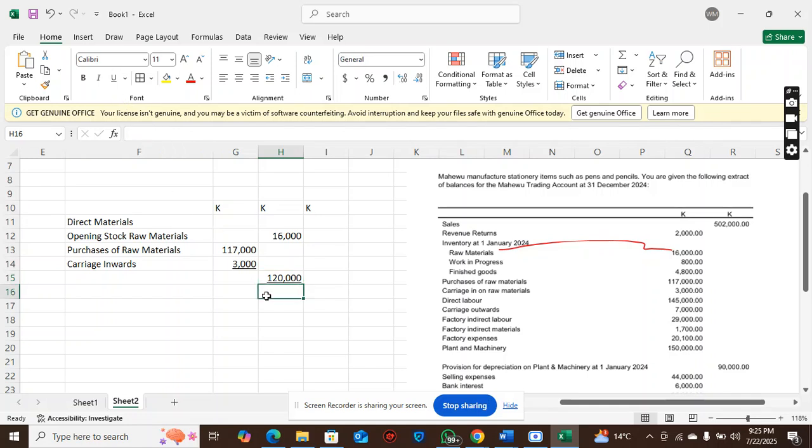Yes. So when we add these two, the opening stock plus the raw materials that we brought in, this is the total cost of the raw materials.